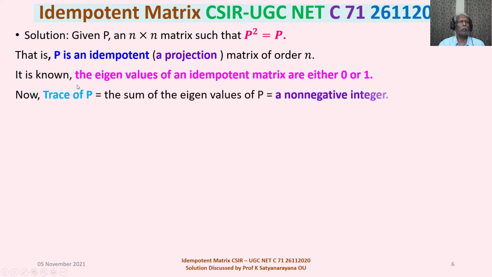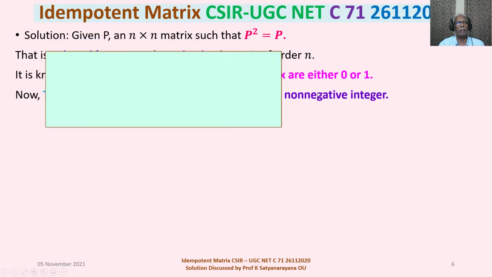Now, trace of P is equal to the sum of the eigenvalues of P, which is a non-negative integer. Why? The eigenvalues are either 0 or 1. When they are added, we'll get a positive integer, but at times if all of them are 0, you might also get a 0. Therefore, it is a non-negative integer.